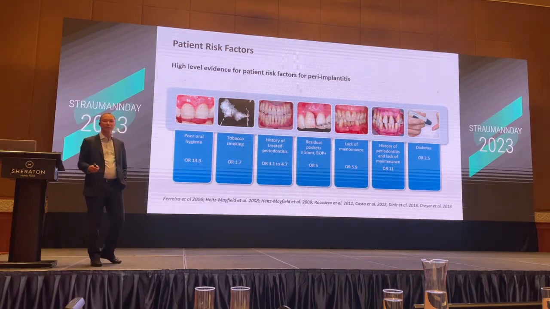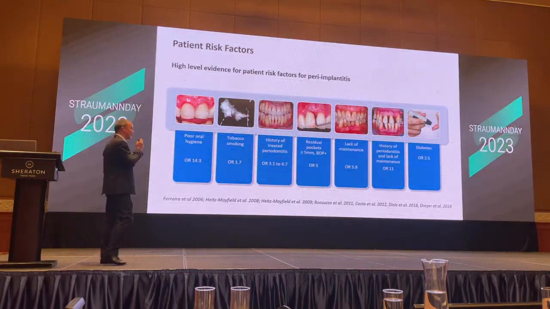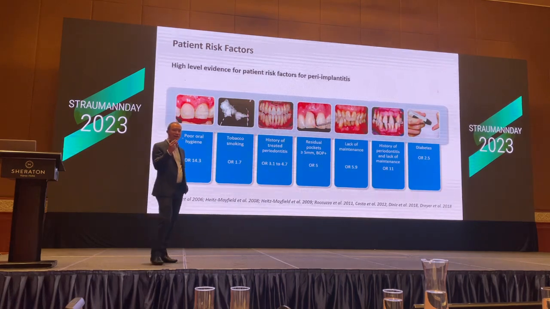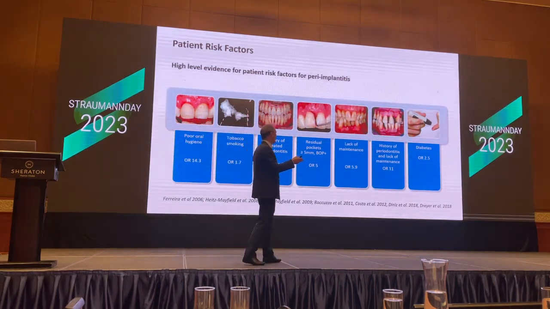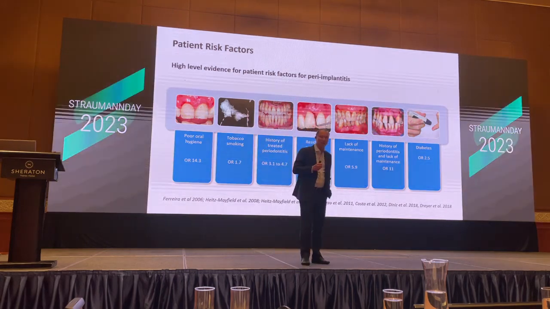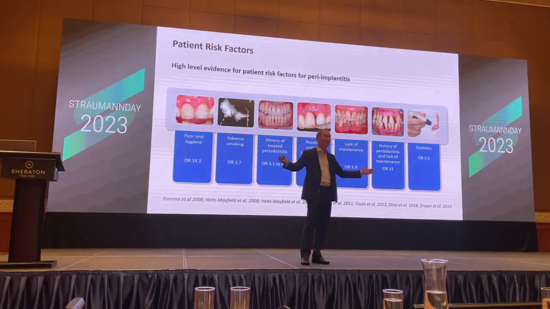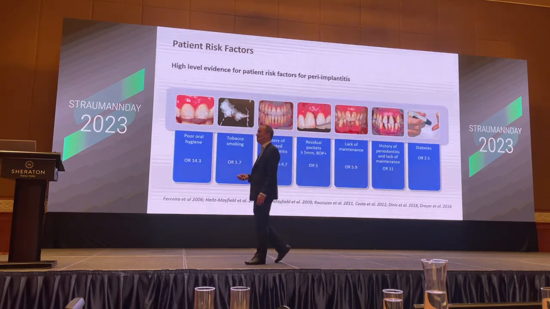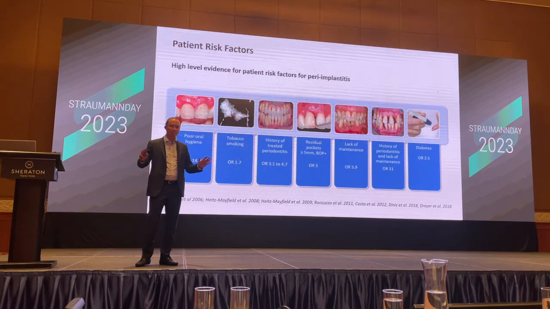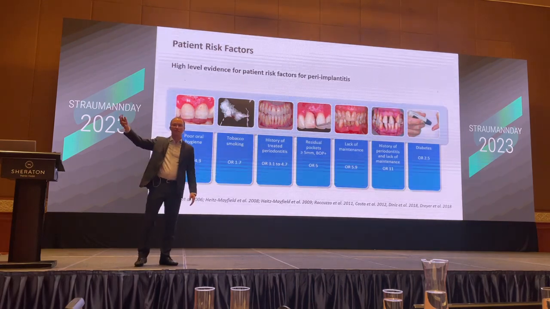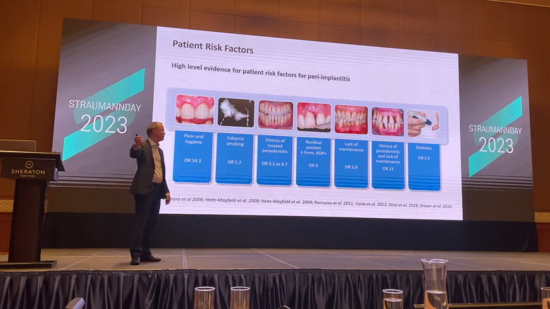So now I have a patient who smokes, doesn't clean their teeth, has gum disease, residual pockets, doesn't want to come back for maintenance, and has diabetes. So what do you think the chances of that patient developing peri-implantitis? It's almost guaranteed. At some point over the next 3 to 5 to 8 years after you place the implant.